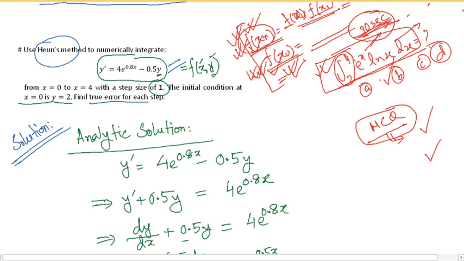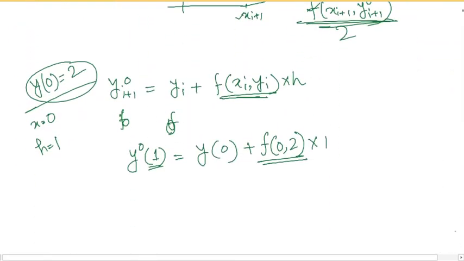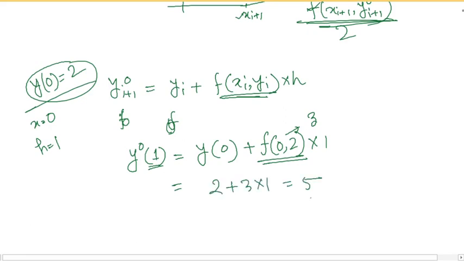So y is also required to predict y prime in this equation. So put the values of x and y, that is 0 comma 2, in this equation. So f of 0 comma 2 will become 3. Therefore 2 plus 3 multiplied by 1 equals 5.